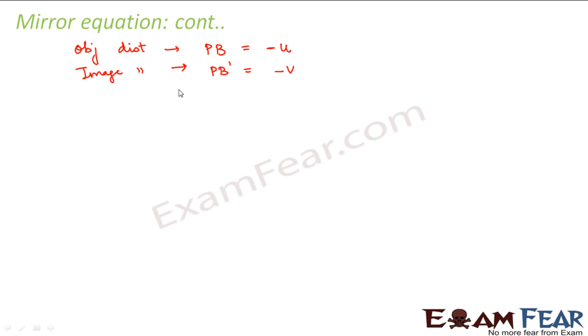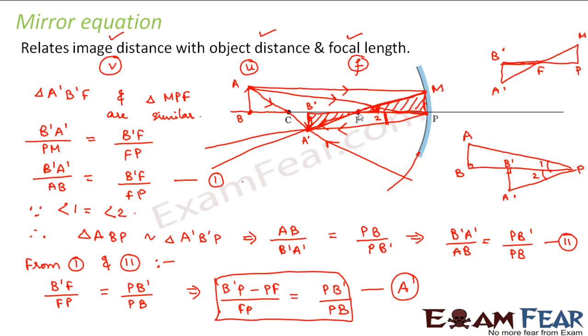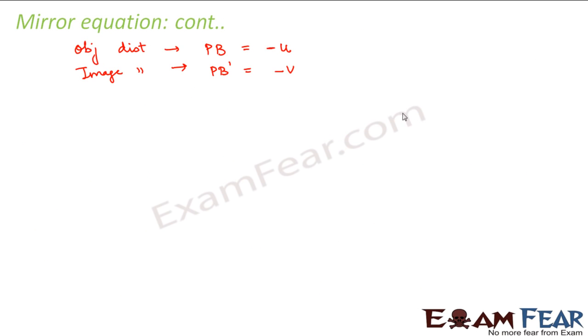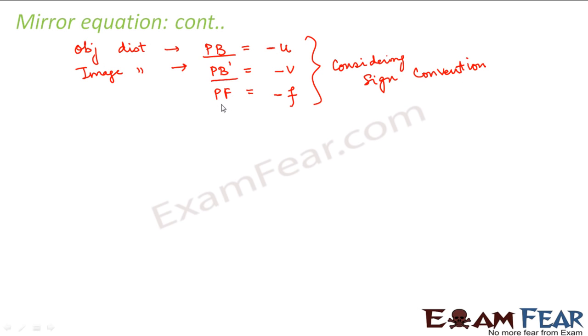And what about the focal length? Focal length is nothing but the distance of the principal focus from the pole, that is PF, but the focal length PF is also in the opposite direction of the incident ray, so this will also be negative. So considering sign convention, we can write PB, PB dash and PF as minus u, minus v and minus f respectively.